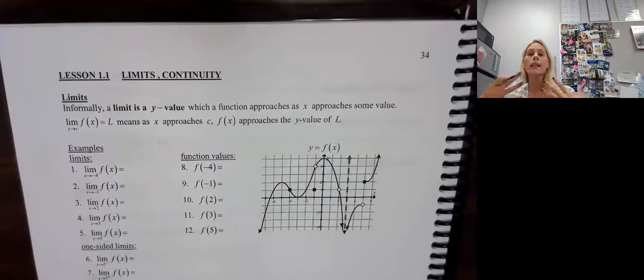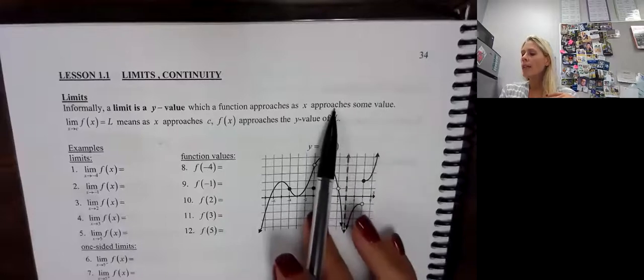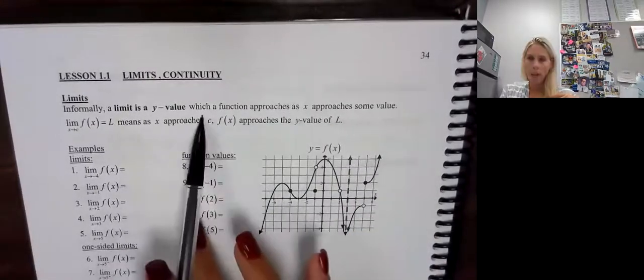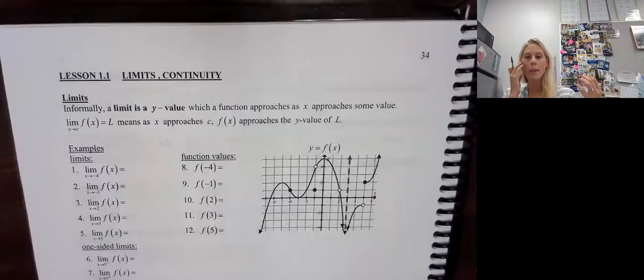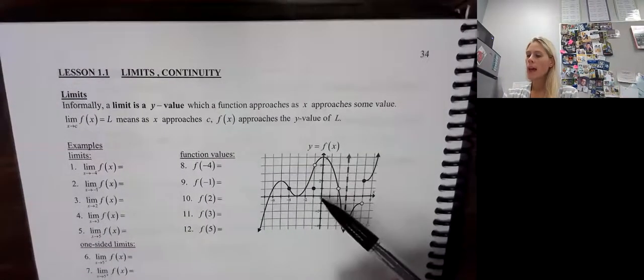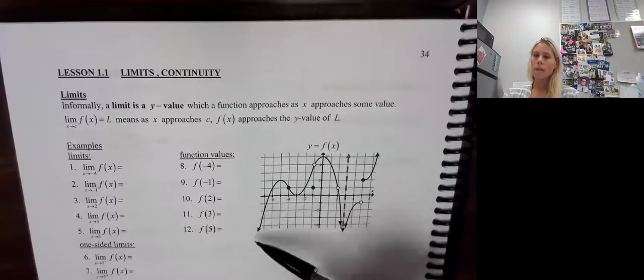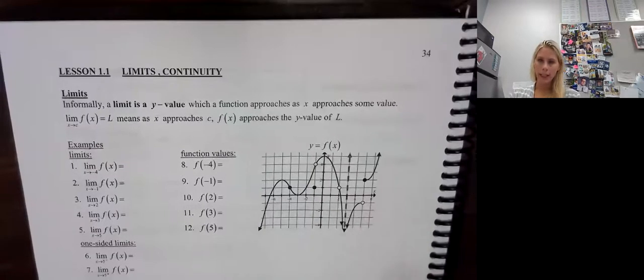Where is it going? What y value is it going to? We are given the x value and we want to know what y value. In the past, when we did end behavior, I would say as x goes to negative infinity, our graph is going down to negative infinity.